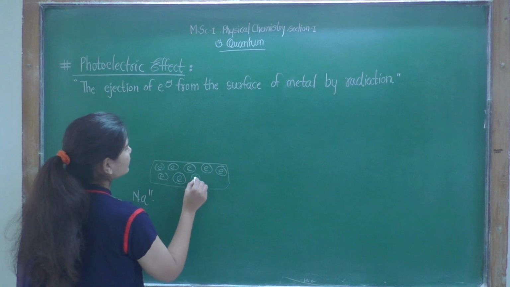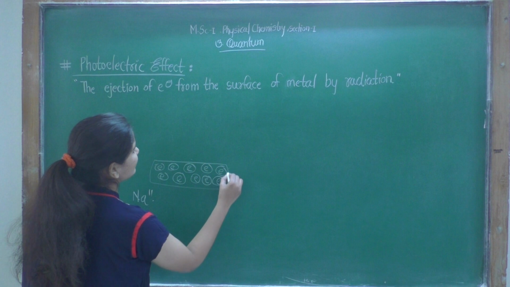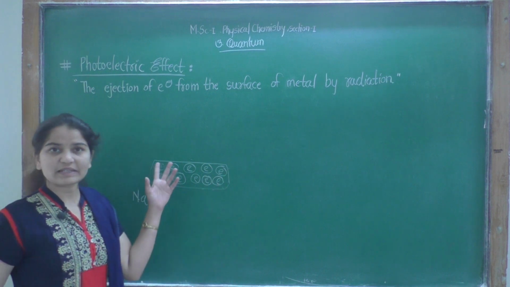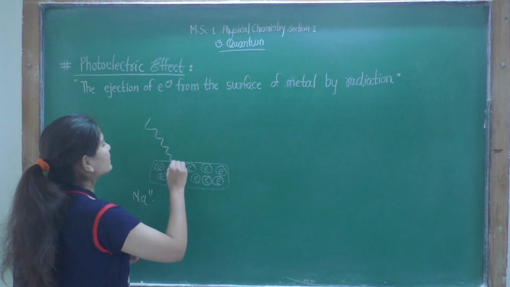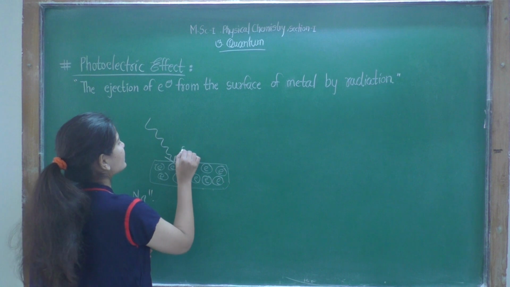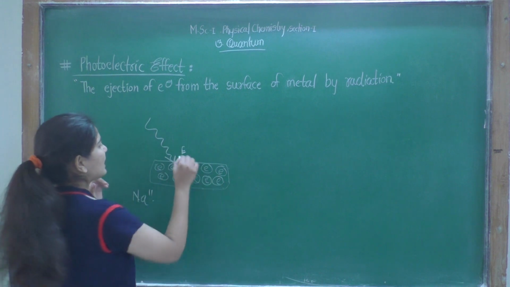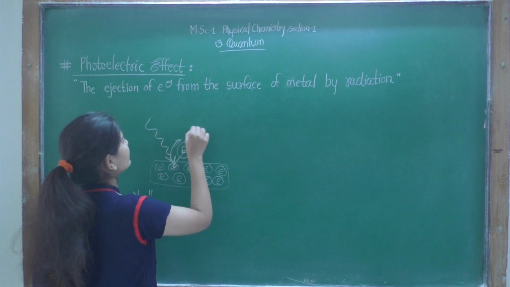The outermost electron will be like this. These valence electrons are present at the metal surface, and when radiation is incident, what happens? The radiation has some energy, that energy is obtained by the electron, and the electron gets ejected.